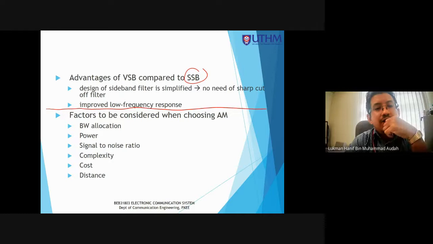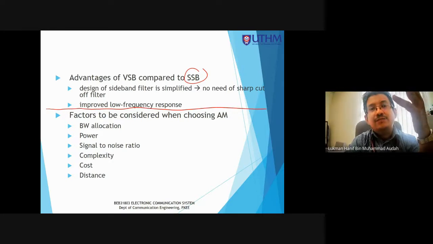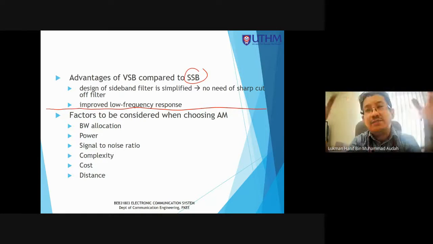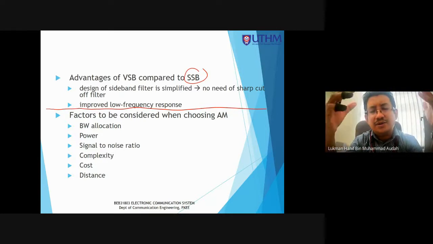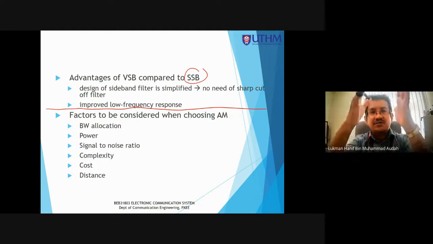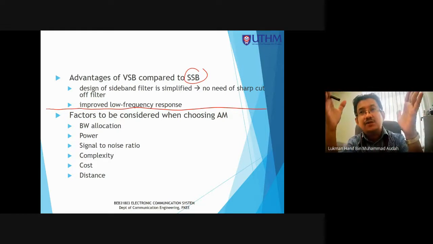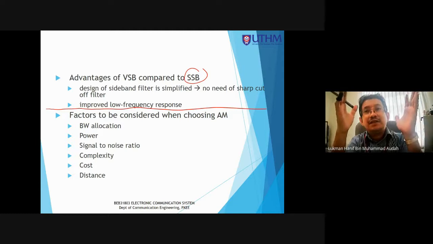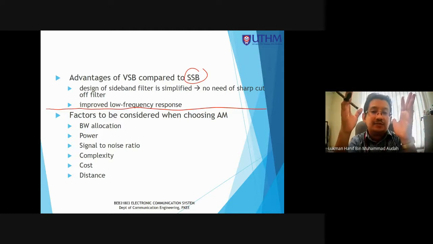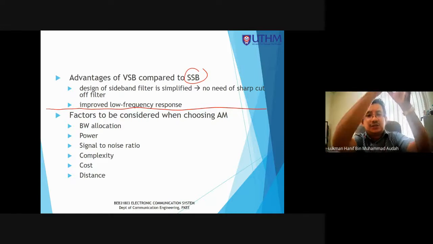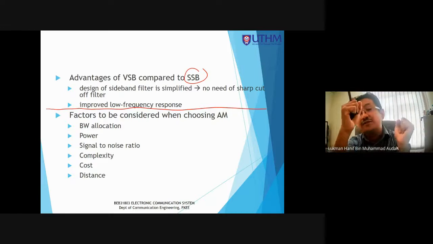Okay, so dari segi filter design, bandwidthnya adalah lebih besar daripada SSB. Bandwidthnya lagi besar daripada single sideband. So kalau bandwidth besar dari segi filter design, kita tak perlu, less complex. Okay, kerana bandwidthnya besar, so senang untuk kita capture pada receiver.